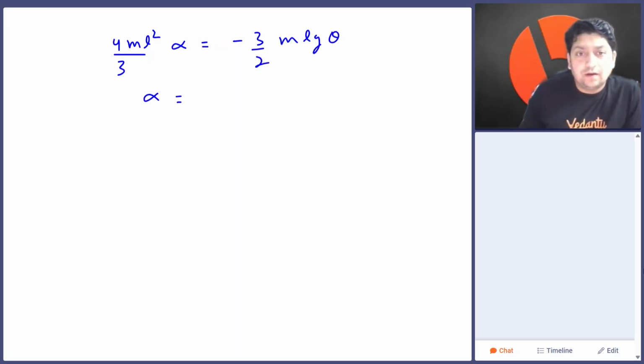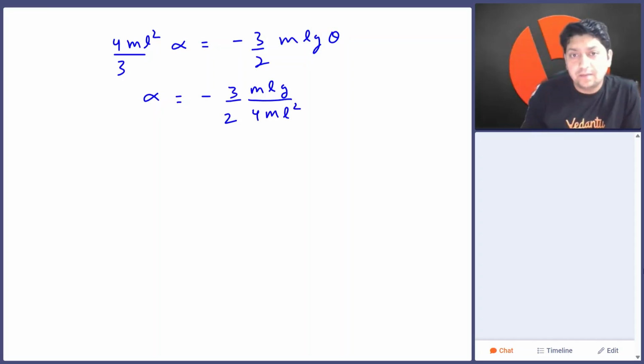Okay, so alpha can be written as 3/2 mlg over 4ml² into 3 into theta. m and m will be cancelled out, l and l will be cancelled out, 9/8 g by l, alpha and theta.